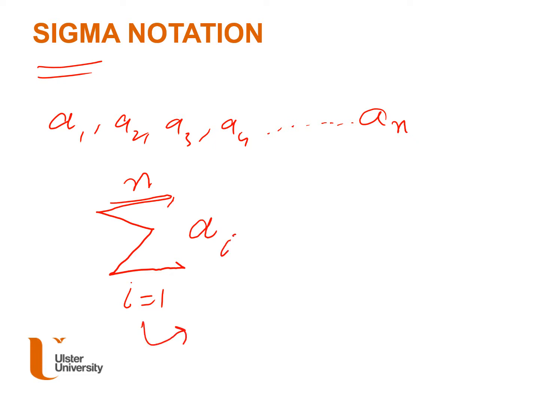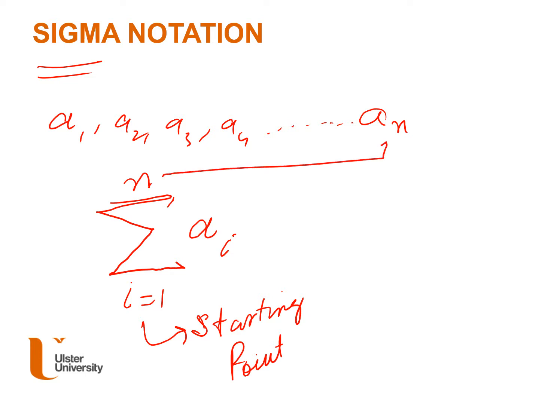Remember, this is the starting point of that sequence, and n is the last term in that sequence. We can write it out like this: a1 plus a2 plus a3, and so on till an. We can add that sequence.